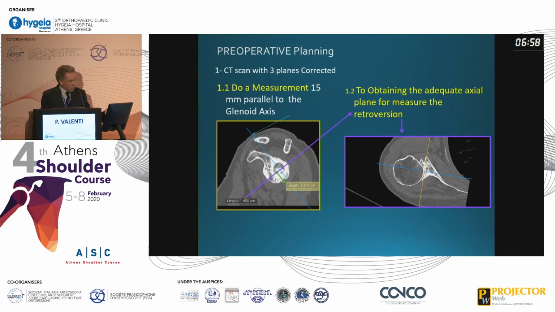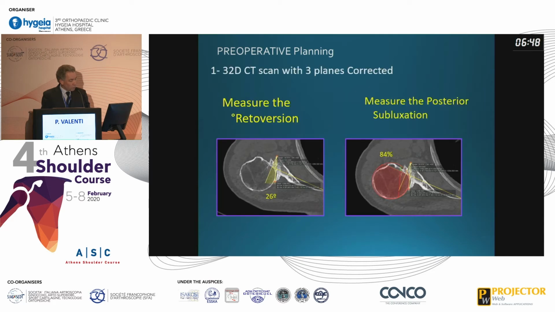So we do this measurement and we try to apply this measurement on the coronal view, on the frontal view, to define the degree of retroversion. And in this case, we have 26 degrees of retroversion at the level of the center of your base plate.